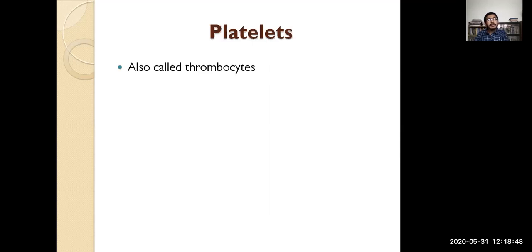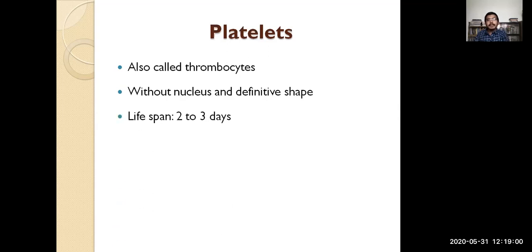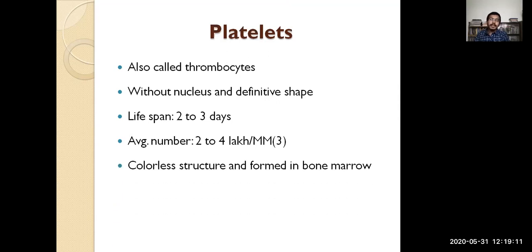And another type of the blood cell is the platelets, which is also called the thrombocytes. The general shape of the platelets is also variable, but these platelets don't have their own nucleus, and the lifespan of these platelets is about 2 to 3 days, and the average number of these platelets in an adult person is about 2 to 4 lakhs per mm cube of the blood.